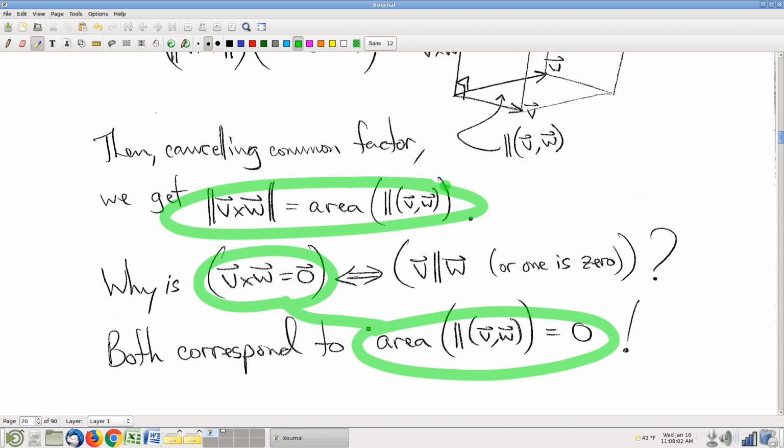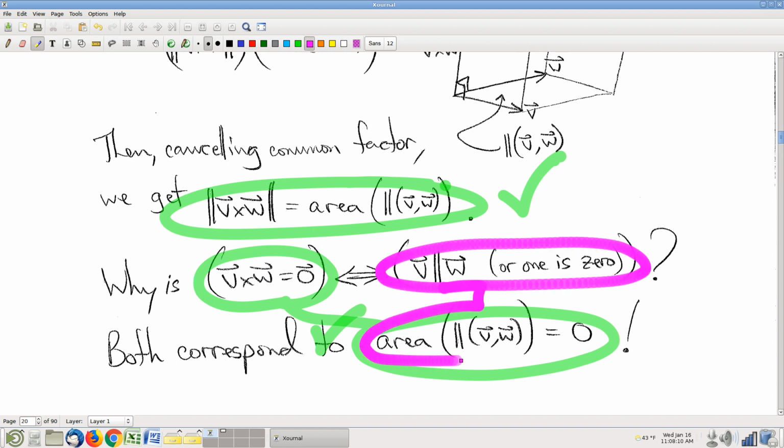So this fact gives us that connection, and it's pretty immediate. Think about games with vectors and areas. If you have a parallelogram whose area is 0, here's two vectors, here's the resulting parallelogram. How are you going to make that parallelogram have area equal to 0?